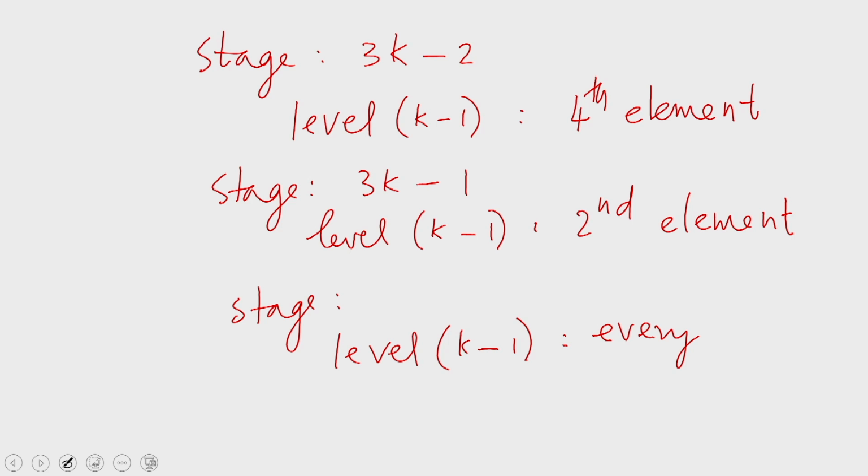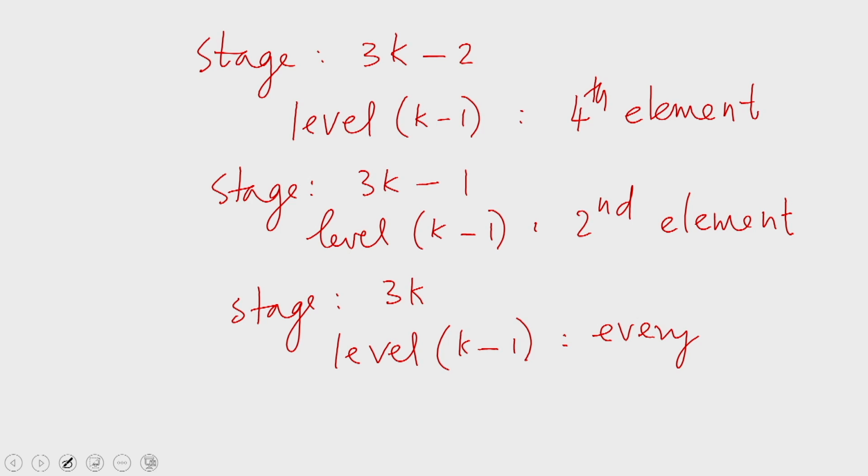But mind you, this is out of the caches that have already become full, which means all the elements that were placed at the leaves of a subtree of a level k minus 1 node have now actually reached the level k minus 1 node. Therefore, in stage 3k, when we pick all of them into the sample array, the sample arrays will become full.